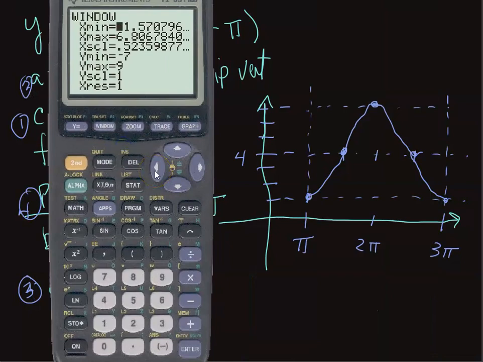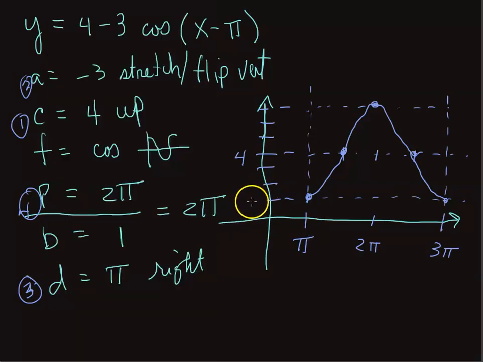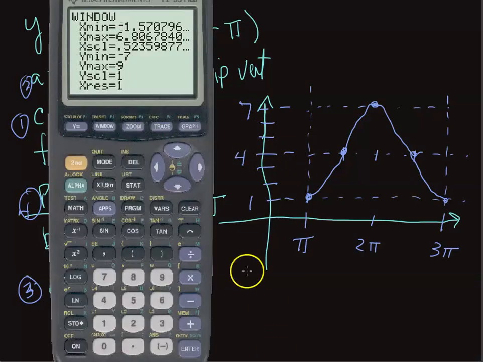Well, it'd be nice to mark some of this stuff. This is pi and 3 pi over 2. That's good. But this is now 1 and 7 that can help us. So a negative is positive pi here for this. And it goes up to 3 pi.